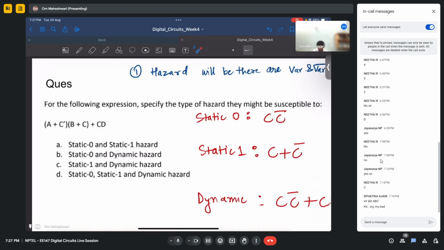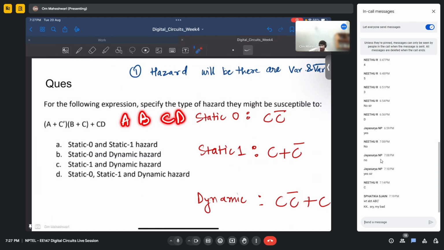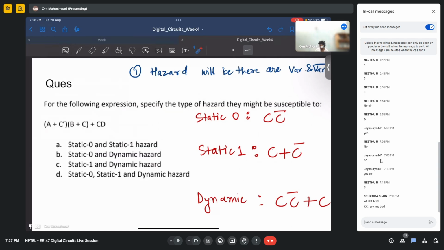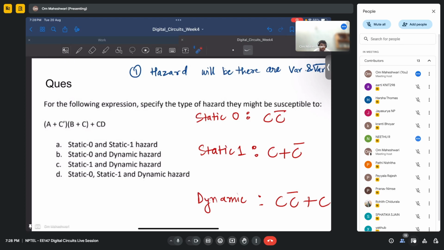So now, to find out which type of hazards this expression might be susceptible to, we need to see in all the conditions of A, B, C, and D, from 0, 0, 0, 0 till 1, 1, 1, 1, whether we get these cases or not. So can anyone tell me when? Is there a doubt? Neetu, are you saying something?